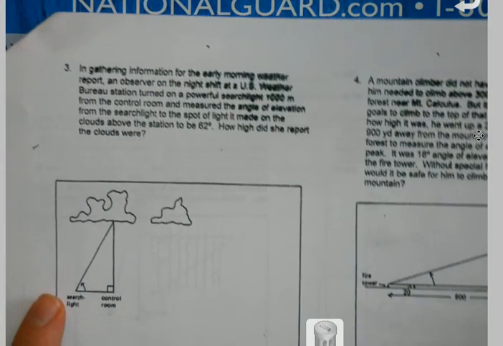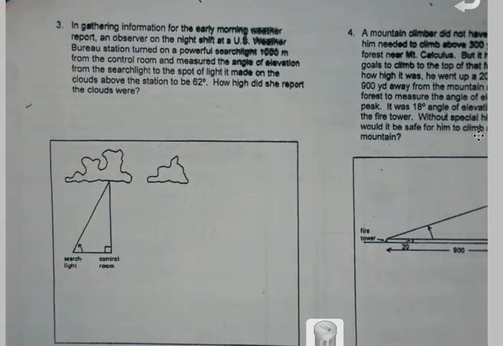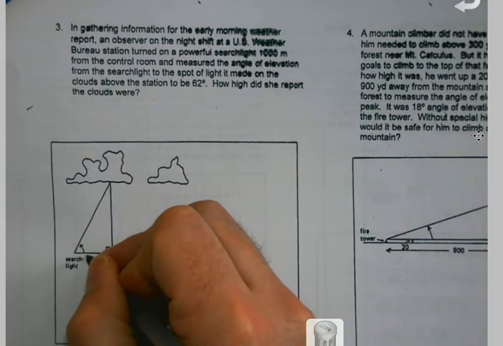So let's see. We'll stay on our odds track here. All right. I can decipher this. We keep flipping along here with you. So number 3, in gathering information for the early morning weather report, an observer on the night shift at the U.S. Weather Bureau station turned on a powerful searchlight 1,000 meters from the control room.